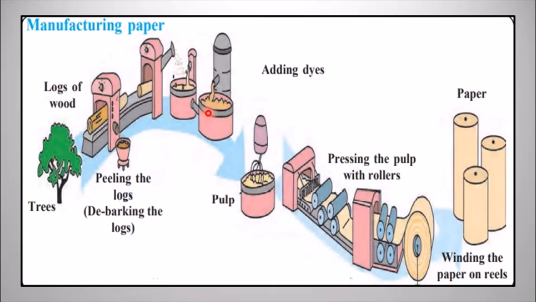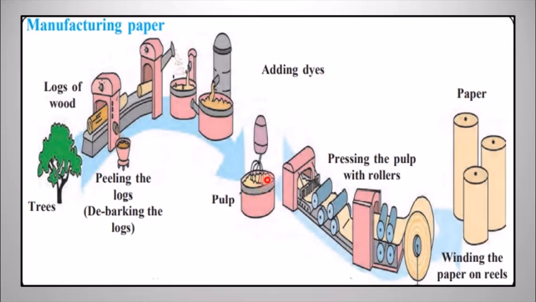We are soaking it in those chemicals and dye for a very long time, the chemical process happens in it and because of that the fibrous substance is removed from the wood. So the fibers are then separated, which is also called the pulp.